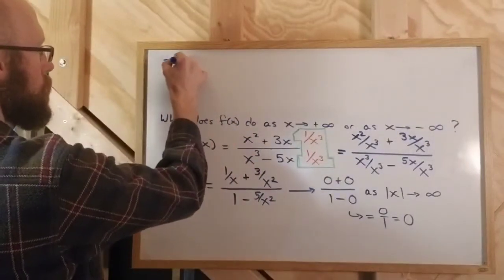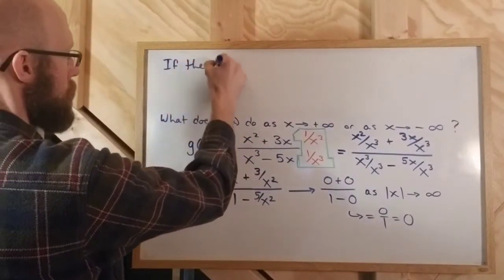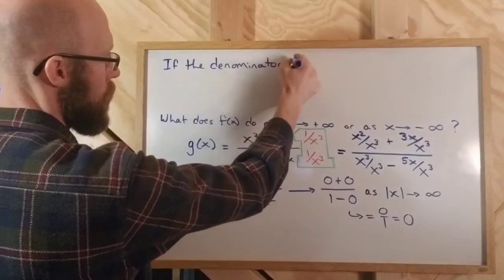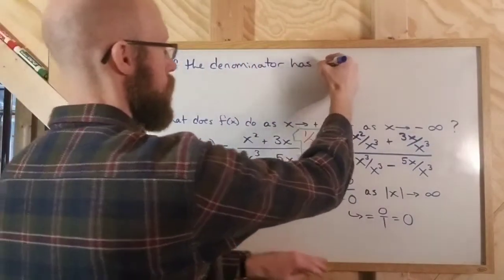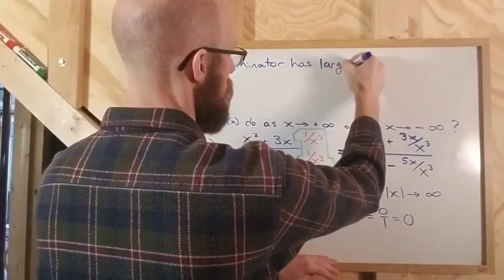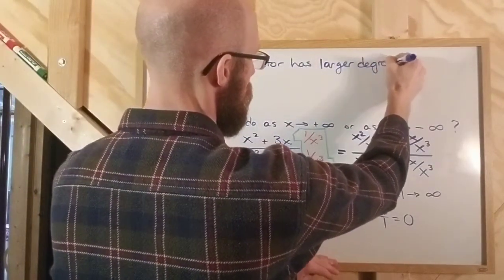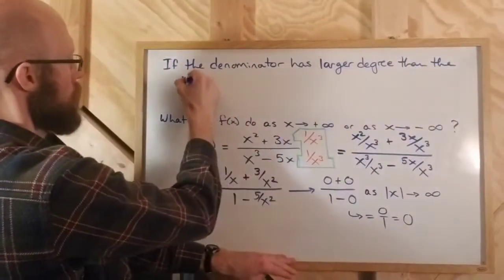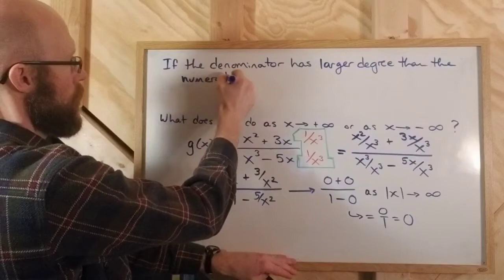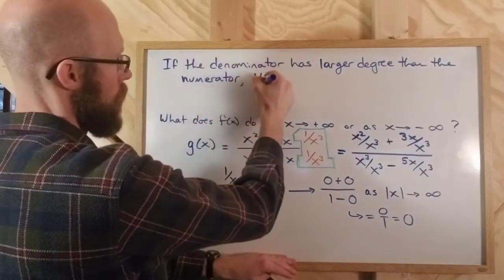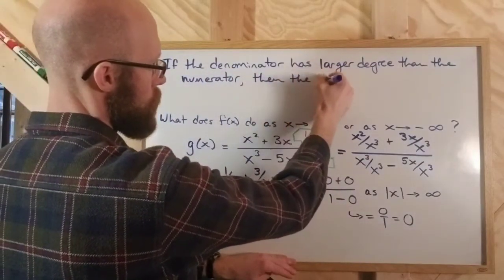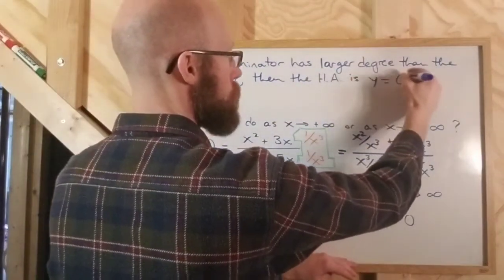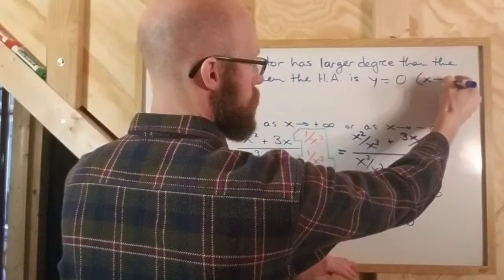if the denominator has larger degree than the numerator, then the horizontal asymptote is y equals 0, or in other words, the x-axis.